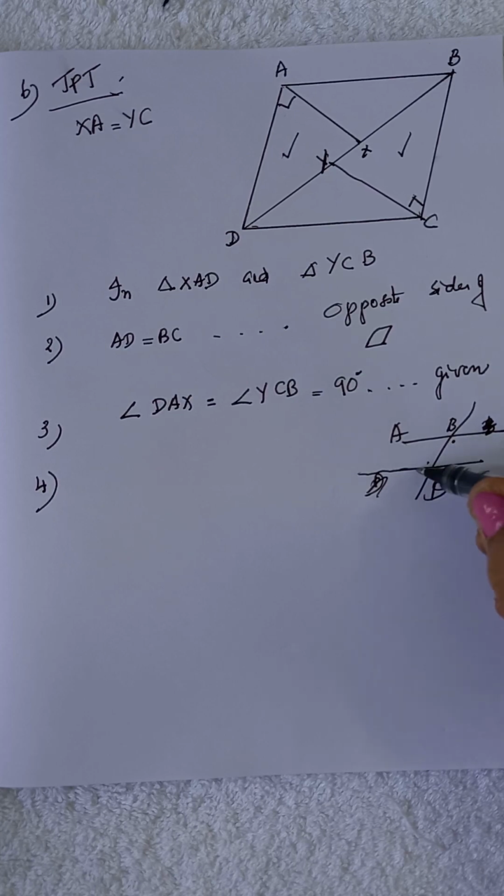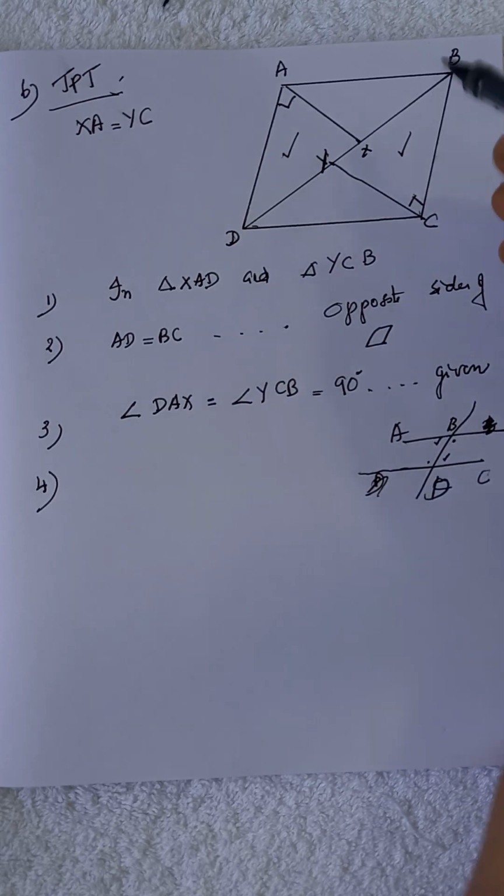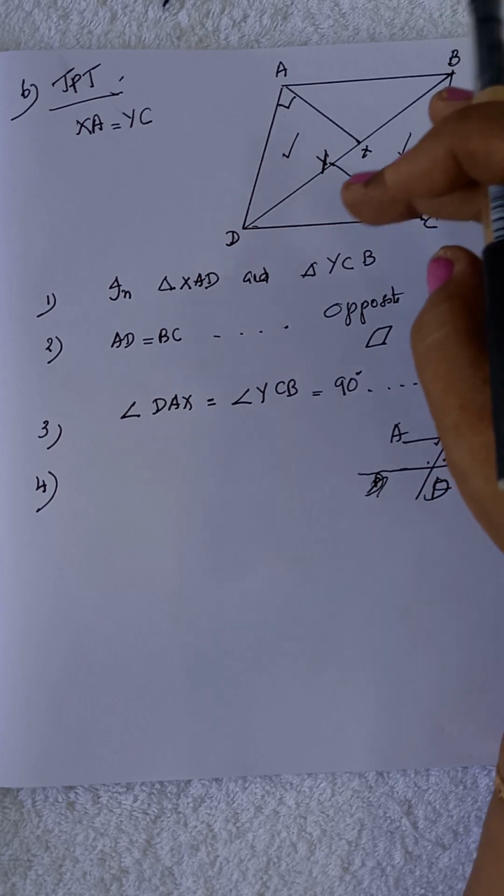Interior alternate angles. Also this angle and this angle also will be interior alternate angles. So parallel lines and transversal. It is given in the question that this is a parallelogram. So these are parallels and this is transversal.